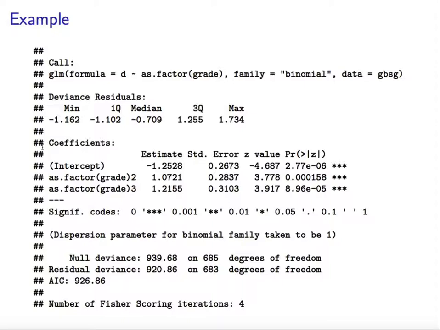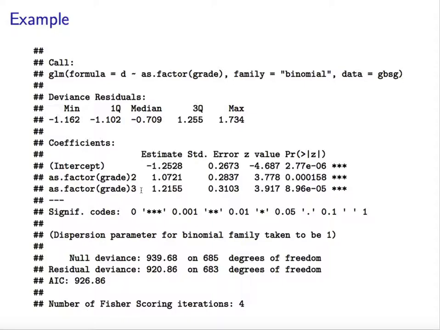So the other interesting part of this output for now is this coefficients section here. This is our model output. We have an intercept, and we have the change in log odds ratios for a tumor of grade 2 compared to individuals with a tumor of grade 1.